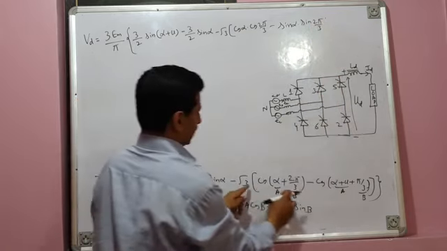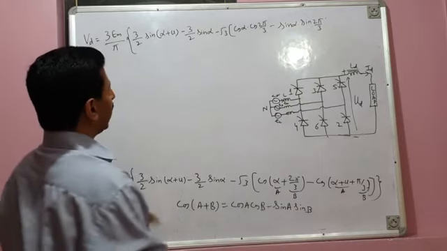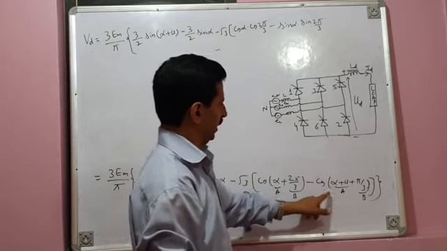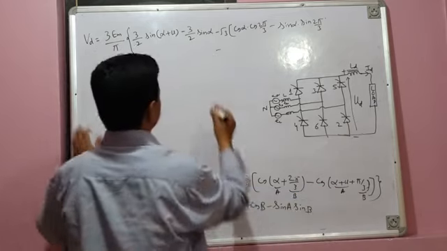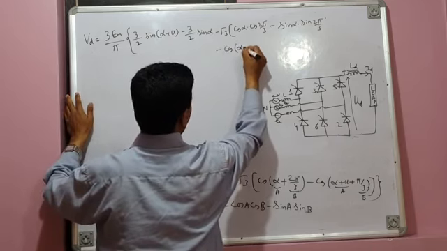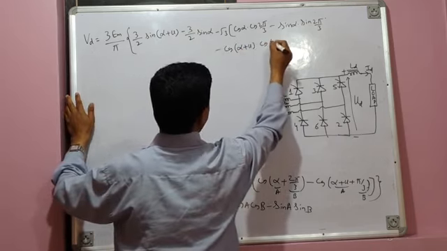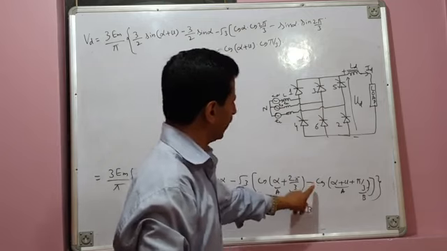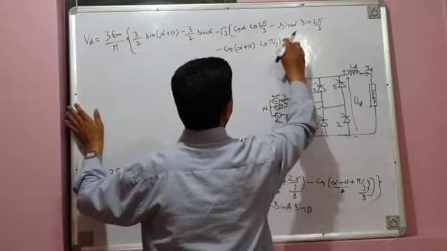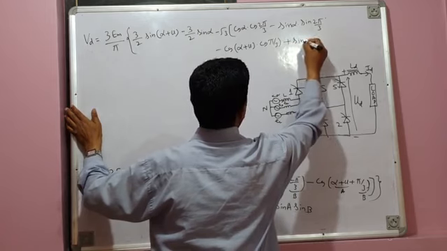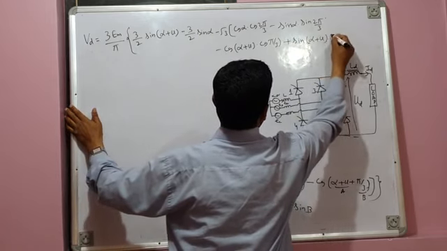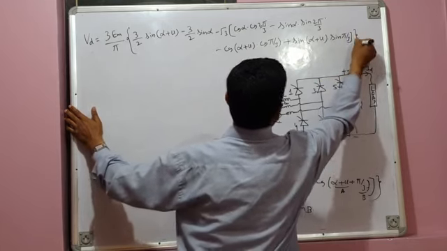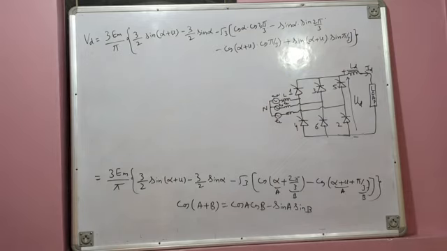This is the first term. And then we have minus cos of a plus b, so this is cos a cos b minus sin a sin b. Cos a is cos of alpha plus u and cos b is cos pi by 3, minus sin a sin b; this is already minus, so minus into minus becomes plus, plus sin of alpha plus u into sin pi by 3. That's it.